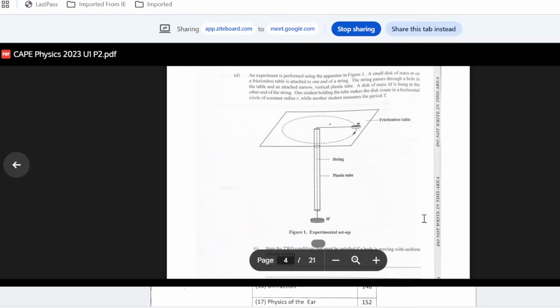Alright, so we have this experiment. An experiment is performed using the apparatus in figure 1. A small disk of mass m on a frictionless table is attached to one end of a string.